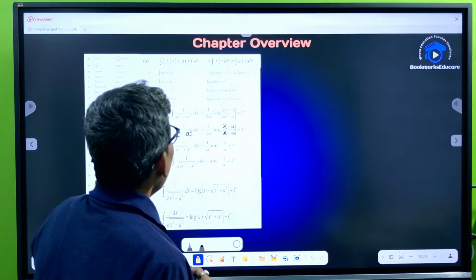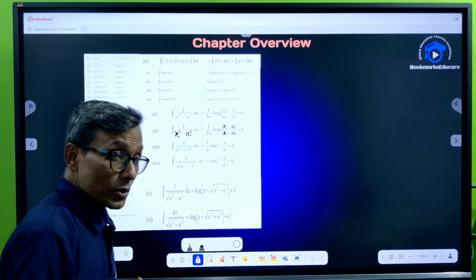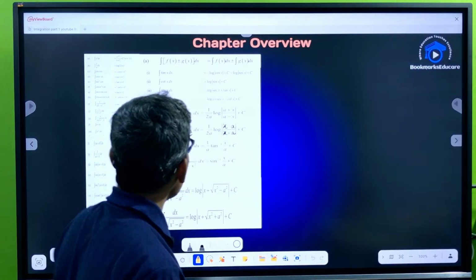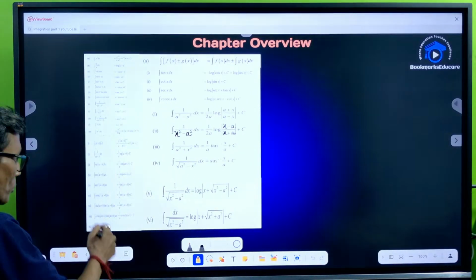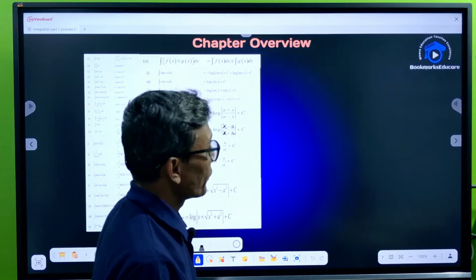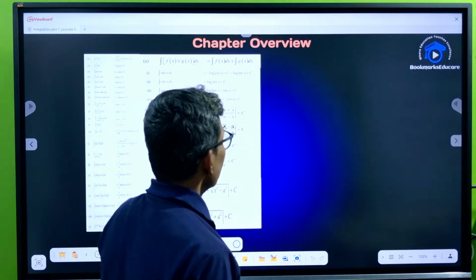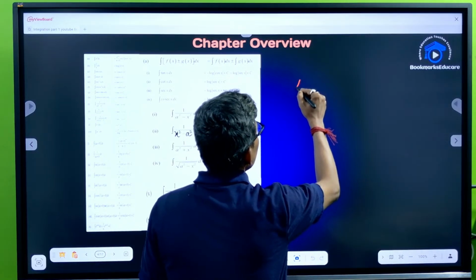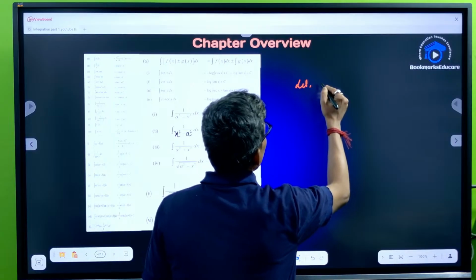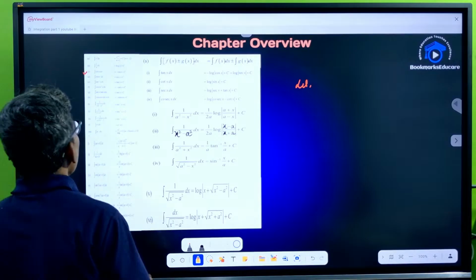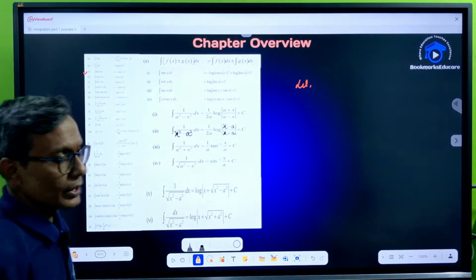It is also the basis for definite integration, and these formulas can be derived from differentiation. Let us take an example.